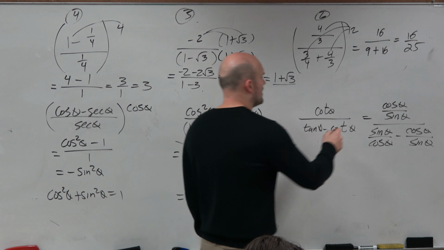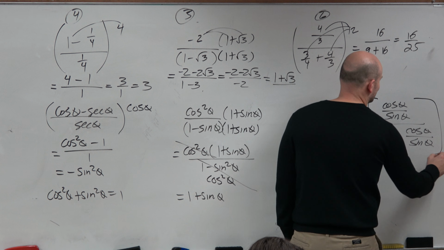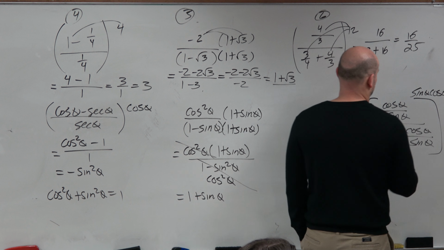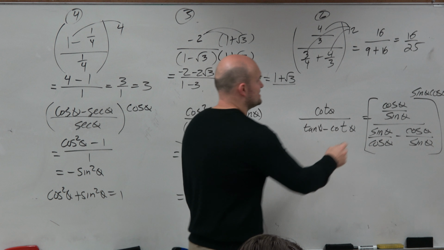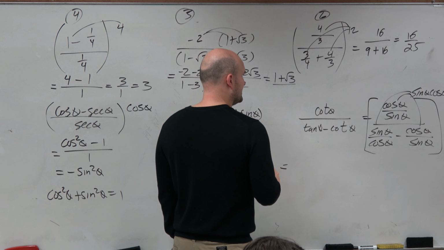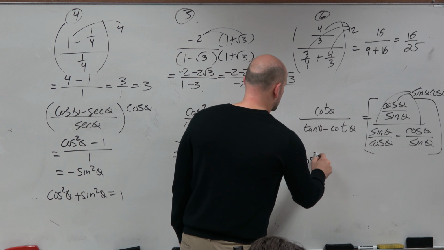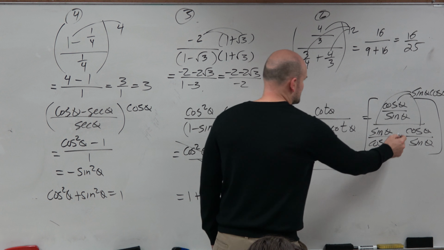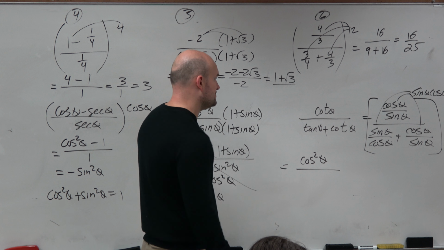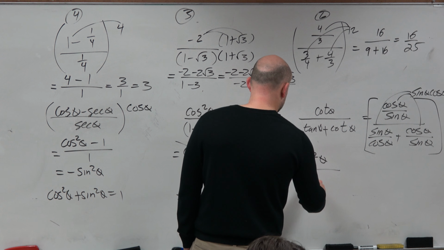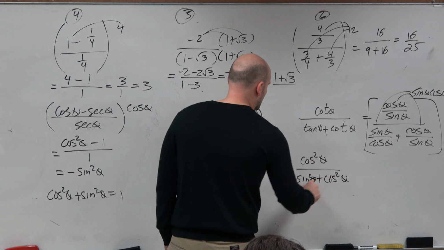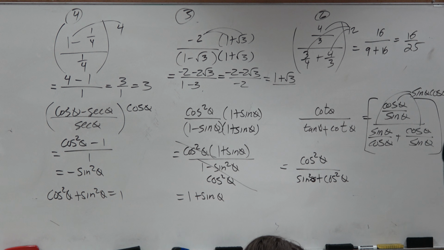Now you can see, why don't you multiply everything by sine of theta times cosine of theta? Let's see what would happen here. The sines would divide out, so I'd be left with cosine squared of theta. Oh, I forgot that's a positive. I keep forgetting to change this. It's supposed to be a positive. So in this case, I get cosine squared. In the denominator, I would get a sine squared plus a cosine squared. What do you guys notice about sine squared plus cosine squared? It's equal to 1.